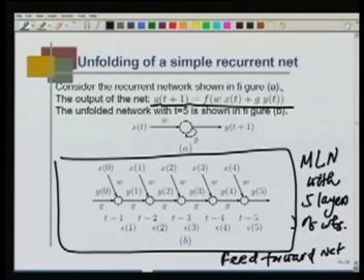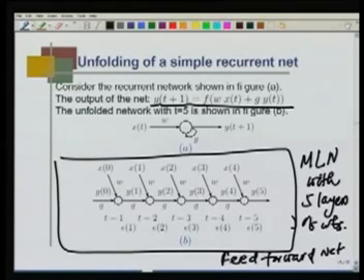Given y naught and the sequence of x naught, x1, x2, x3, x4, these are all external inputs. Given this external input and an initial condition which is y naught, let us compute y1, y2, y3, y4 and y5.